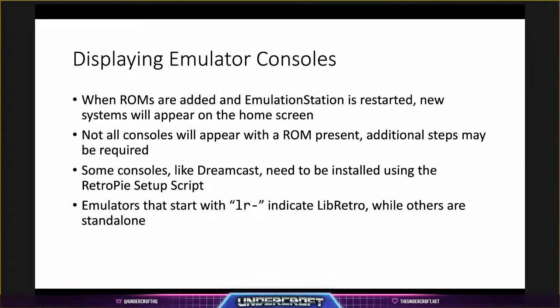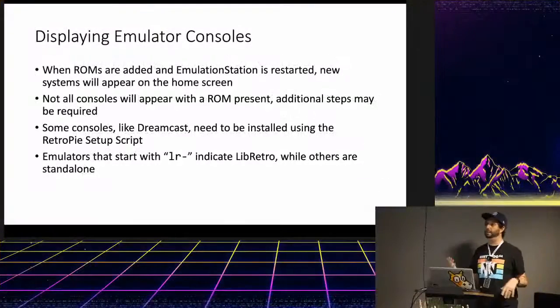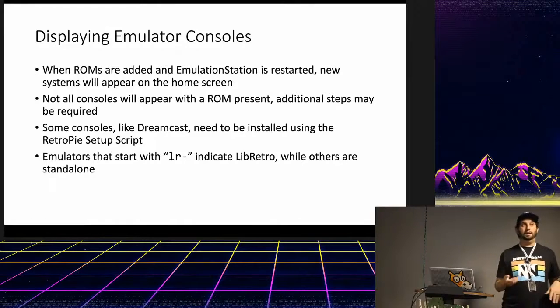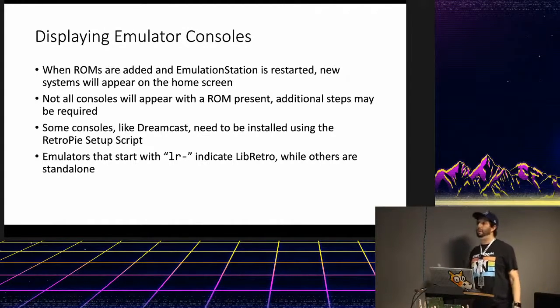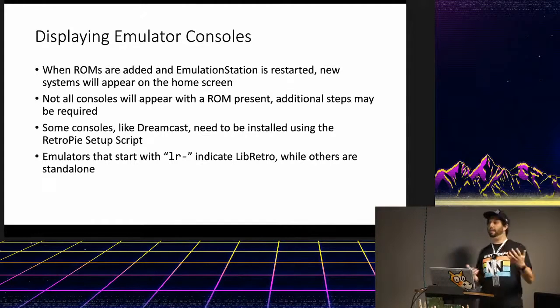Where's the Dreamcast, right? And this requires some additional installation steps. Not difficult or anything. You're just going to have to go back into the RetroPie setup script that we talked so highly about earlier that has all the other configurations. And you can add the Dreamcast emulator. It just so happens to not be bundled by default. It's an add-on. You get it as an option.